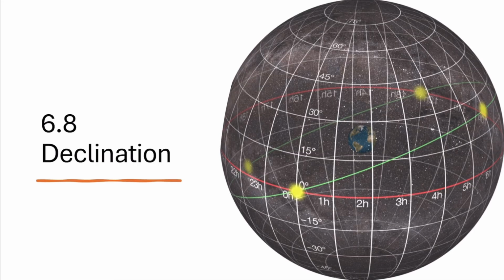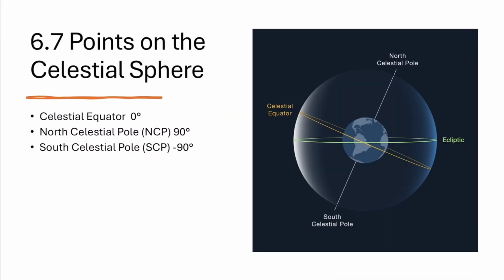Now, declination is a measure of how high or low an object is on the celestial sphere. So the higher you go, that's positive, and when you go down, that is negative. There are specific points on the celestial sphere you have to know about, and you have to know their specific declinations.